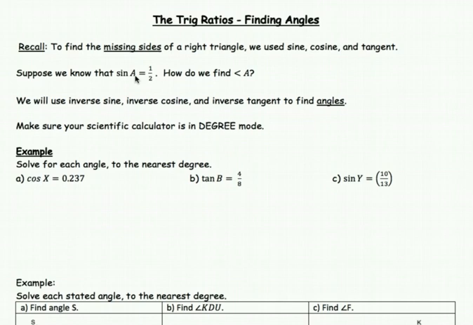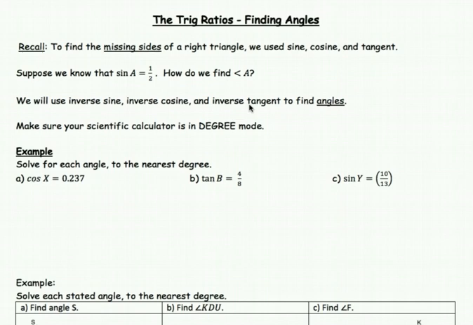Okay, so if we're throwing something over, do the opposite. The opposite of multiplying is dividing, the opposite of squaring is square rooting. So the opposite of these sine, cosine, and tangent operations is going to be the inverse sine, the inverse cosine, the inverse tangent. Okay, so we need to figure out how to do this on our calculator.